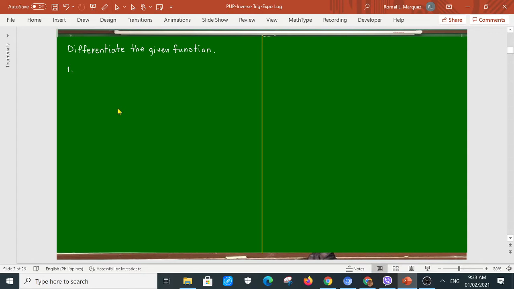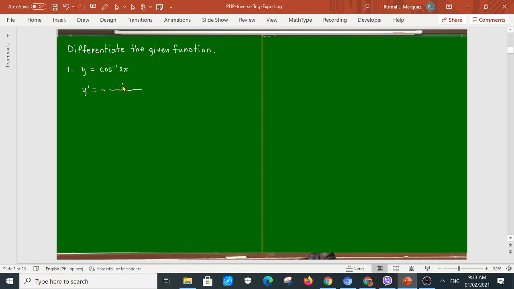So, let's say we're given number 1, y is equal to inverse cosine of 2x. So, what's the derivative? The derivative of inverse cosine is negative. Then you take the derivative of its argument, that is the derivative of 2x.